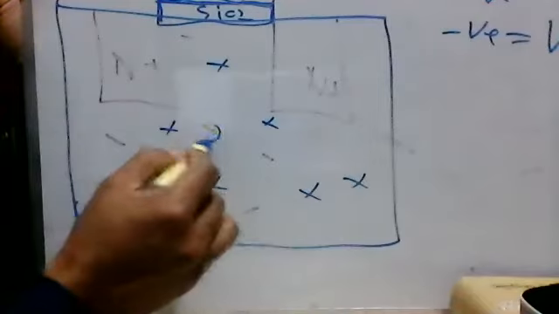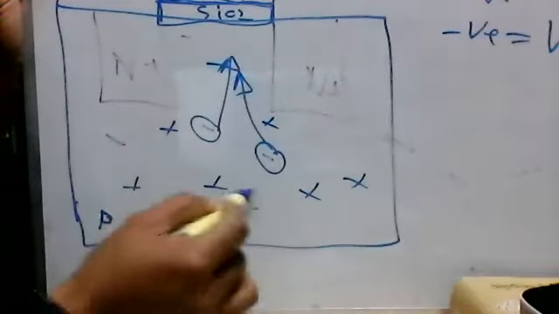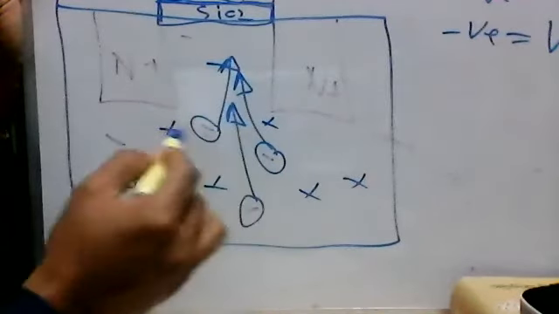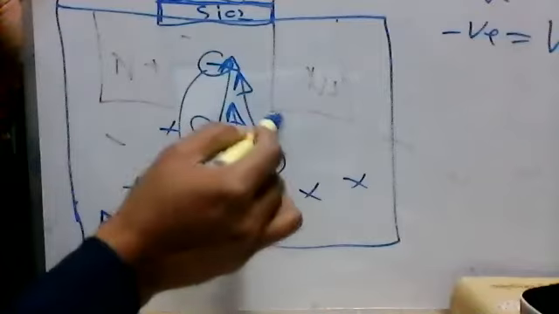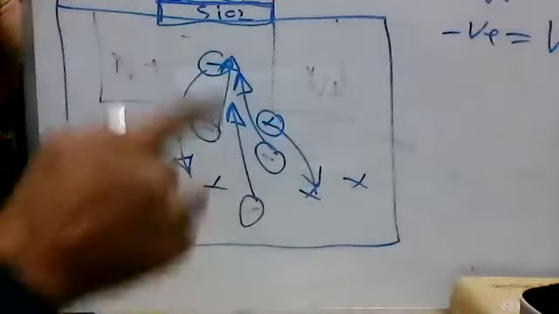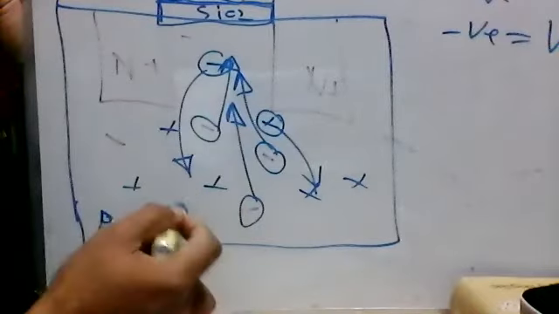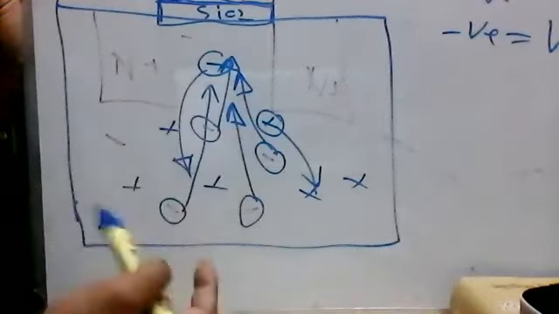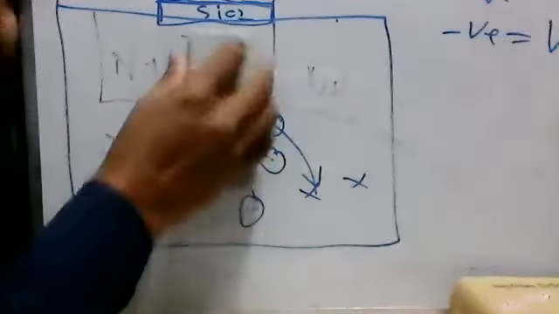But because of the positive voltage, these electrons will move up, and the positive ions will move down because of the repulsive force, right? Because of the repulsive force, the positive will move down and this negative will move up, right? It will move up and down, and then finally, what will happen here?